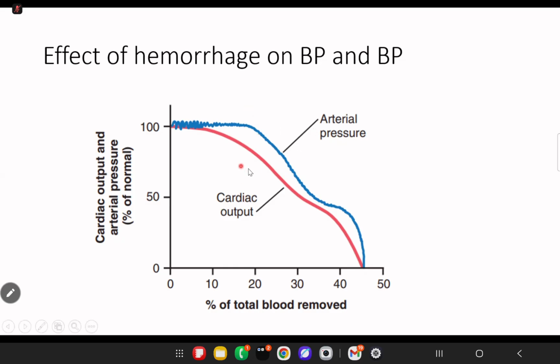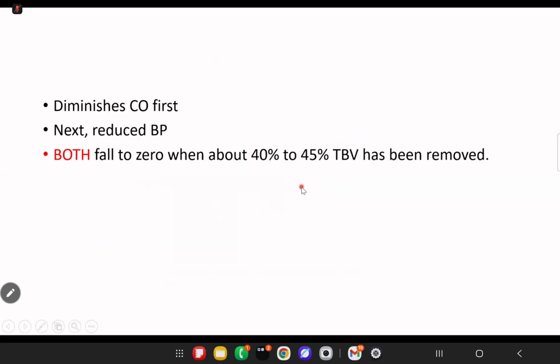When you miss this is when you get the so-called sudden cardiac arrest. As you can see, the first to start dropping is your cardiac output. Next is the blood pressure. And like I explained, both fall to 0 at about 40 to 45% of total blood volume.